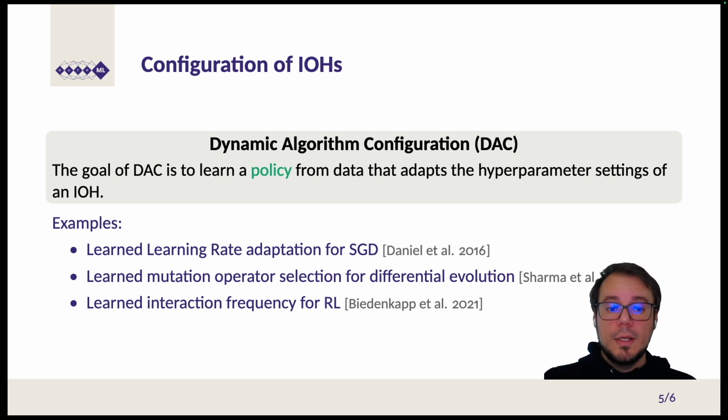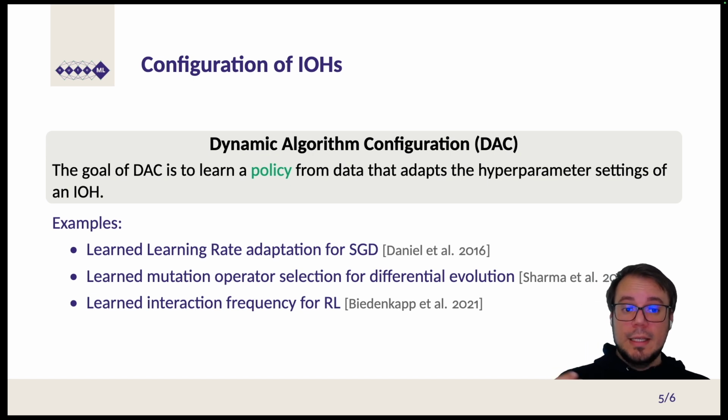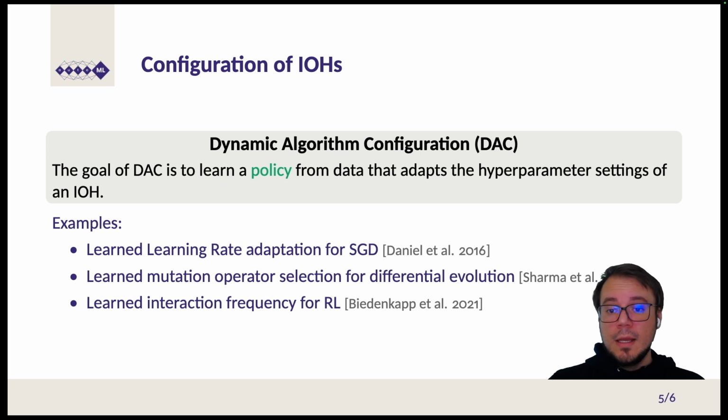So instead of always mutating the next offspring in the same manner with the same operator, you can also mix and match and get more diverse solution candidates over time and potentially find much better solution candidates in the long run than with just fixed operator selection or based on some self-adaptation mechanisms. And you can also adapt how often you want to interact with the system. So you can learn the interaction frequency of an RL agent, for example, in a dynamic algorithm configuration style manner.